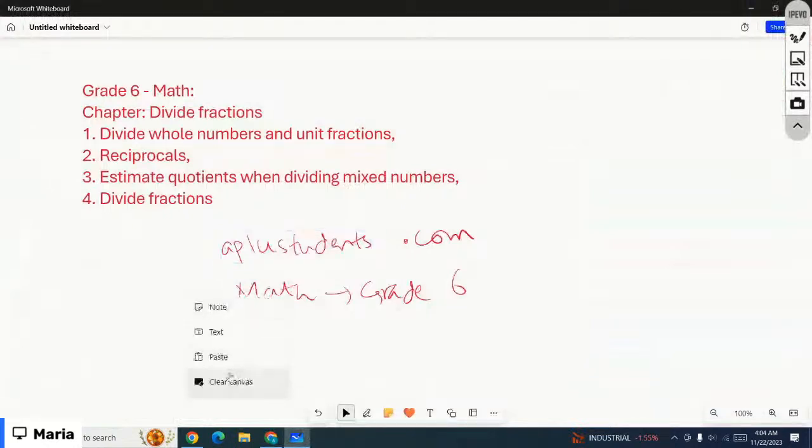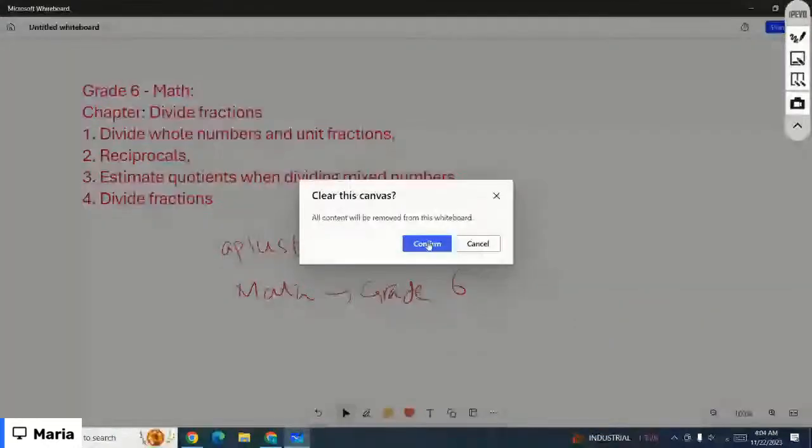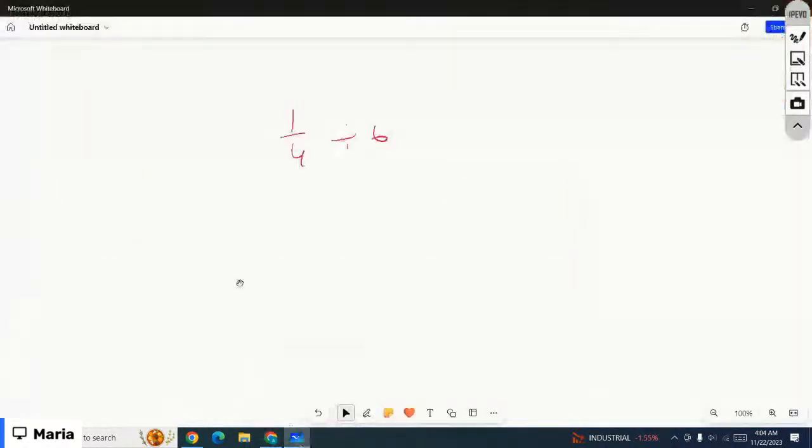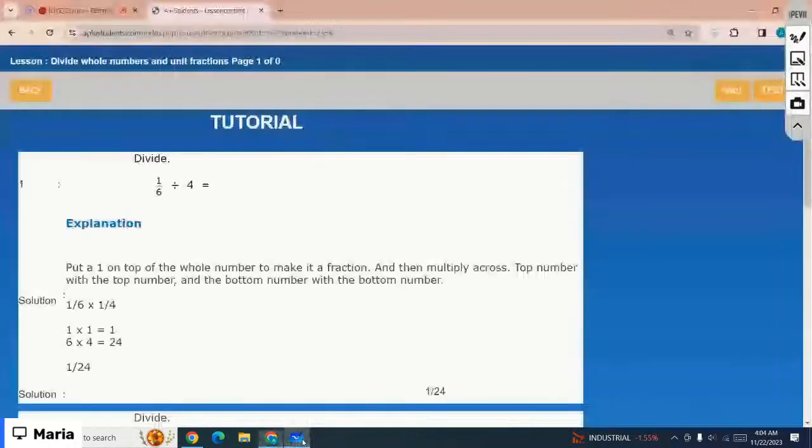When we talk about dividing fractions, 1 by 4 divided by 6, 1 by 6 divided by 4.